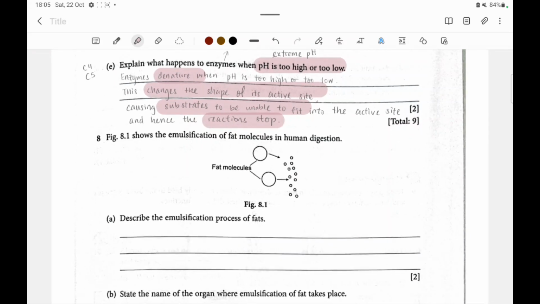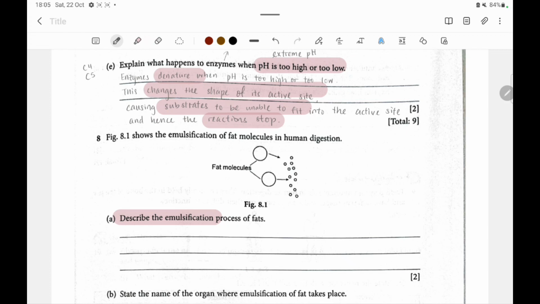Figure 8.1 shows the emulsification of fat molecules in human digestion. So emulsification basically is the large fat molecules, they will break them down into small droplets. So this one, describe the emulsification process. So we have to describe the process, not define already.